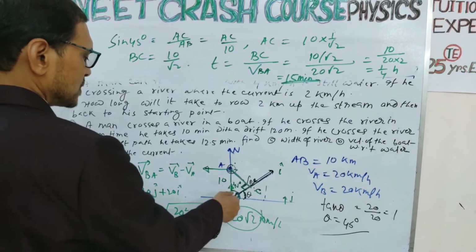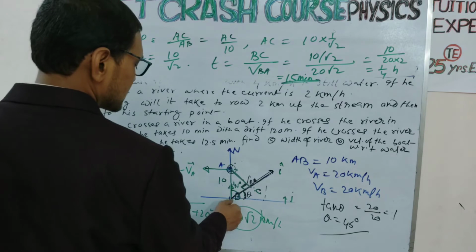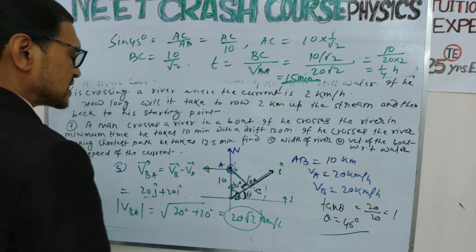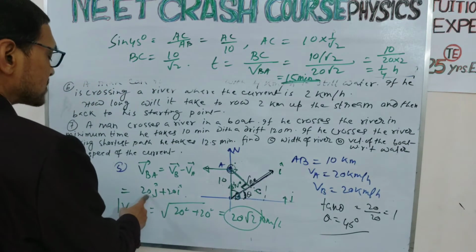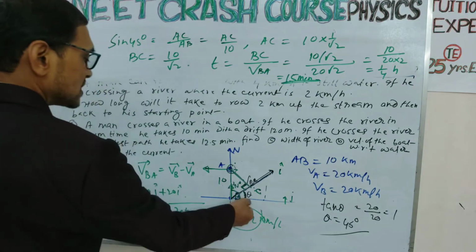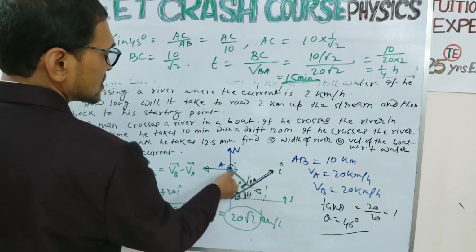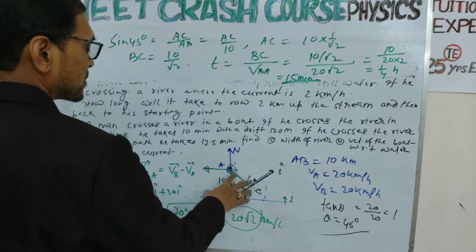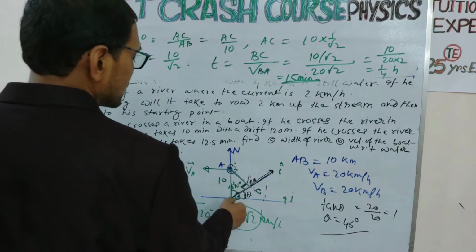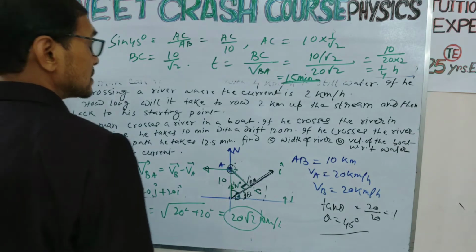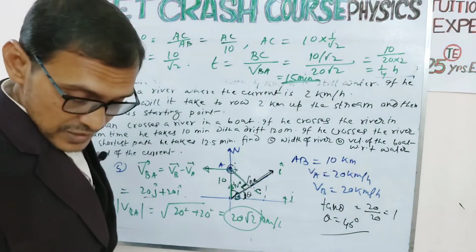Now to find the closest distance, let ship A be at rest, then ship B moves with velocity VBA along this direction. First find the direction: tan theta equals perpendicular by base, so theta equals 45 degree. So ship B moves along this direction. The closest distance equals this perpendicular distance. From the figure we get AC and also BC. Now the time taken equals distance BC divided by the relative velocity of BA, that is 15 minutes.